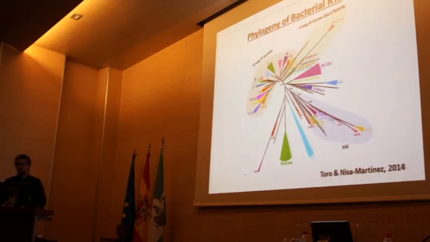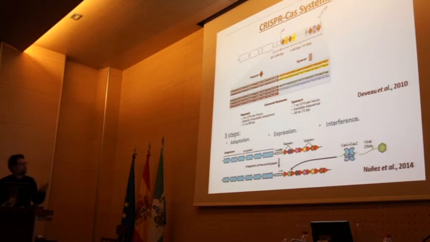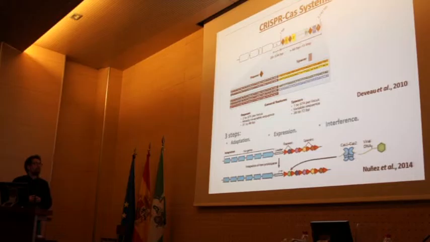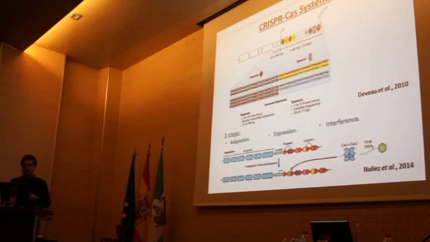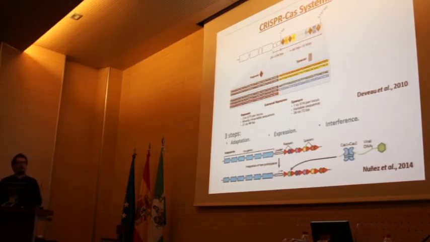But what are CRISPR systems? CRISPR systems, clustered regularly interspaced short palindromic repeats, are an immunity system that has developed in prokaryotes to protect against invasive DNA of phages and plasmids.